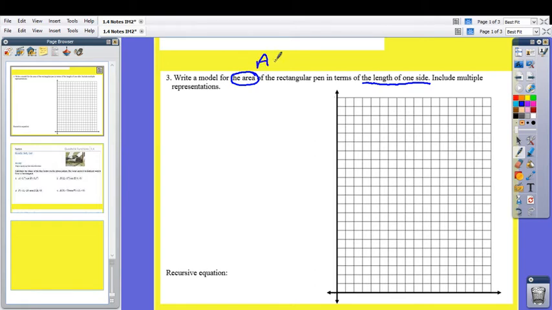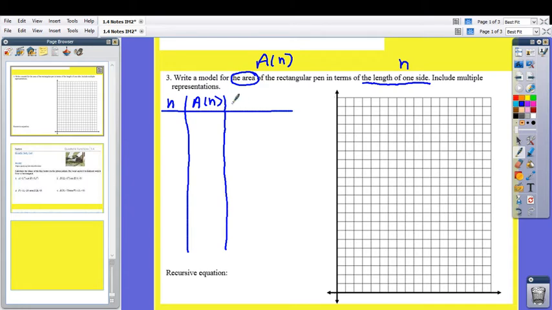Instead of Fn, we will be saying An, and the length of one side is n. Okay. So let's find out. Then we will be finding out the first difference, and if it is not constant, then the second difference.